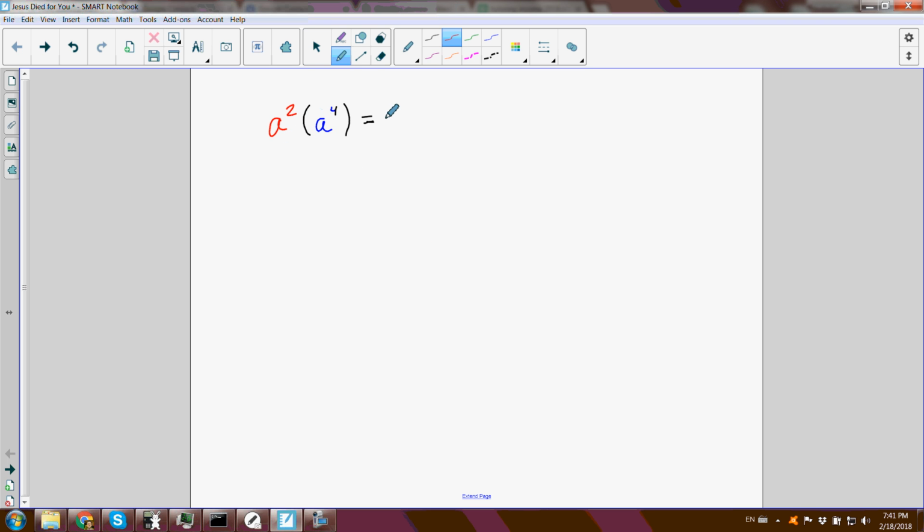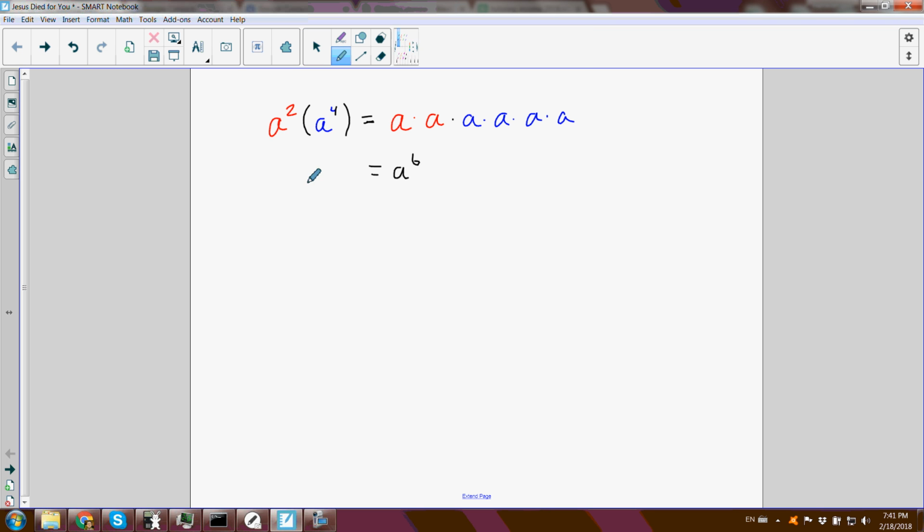A squared just means a times a, and a to the fourth power means a times a times a times a. So we have a to the second power being multiplied by a to the fourth power, and we end up with a times a times a times a times a times a, which is a to the sixth power.